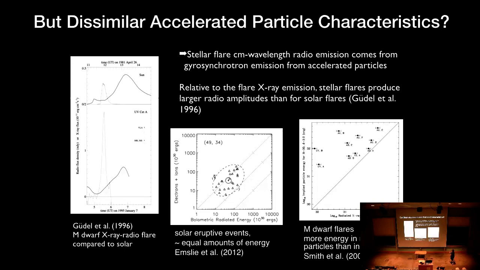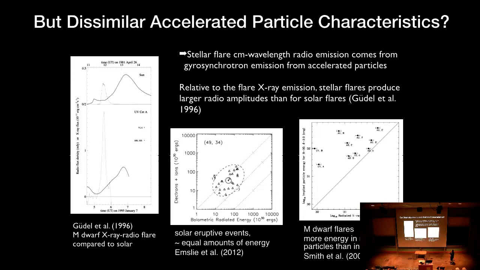When you look at radio flares on stars, you're seeing gyrosynchrotron radiation, and that's coming from electrons that are mildly relativistic. They're spiraling in the presence of magnetic fields. The radio emission is changing with time as the characteristics of that particle acceleration are changing.